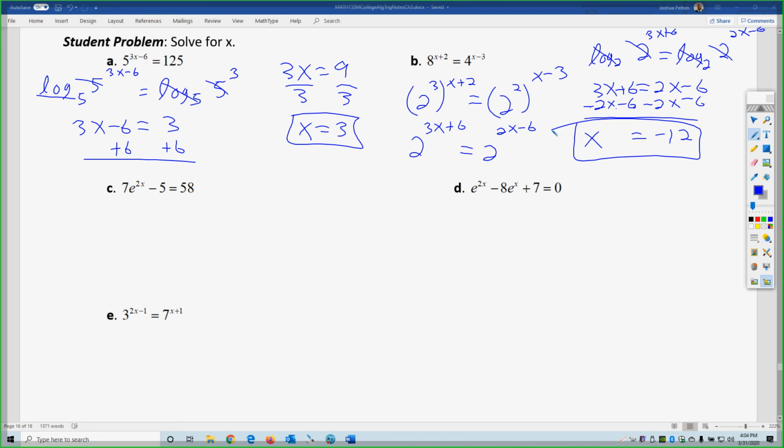So we have 1x here. Isolation strategy: move backwards. The add/subtract step in the order of operations comes first when you go backwards. 7e to the 2x equals 63.